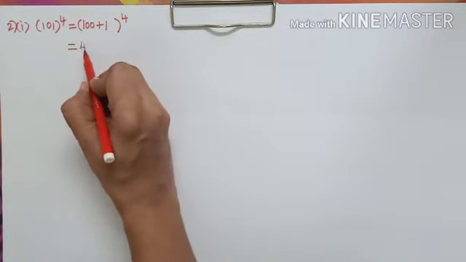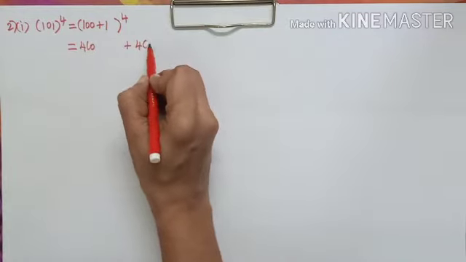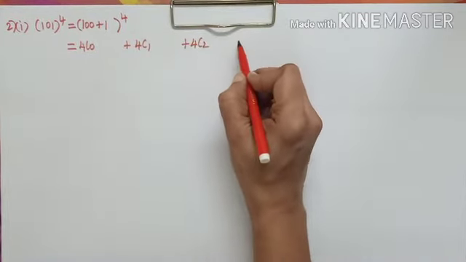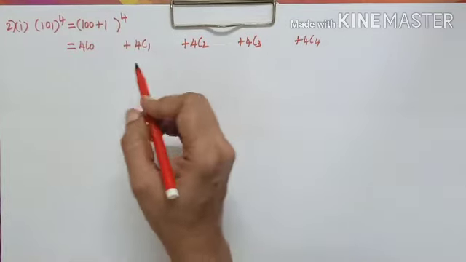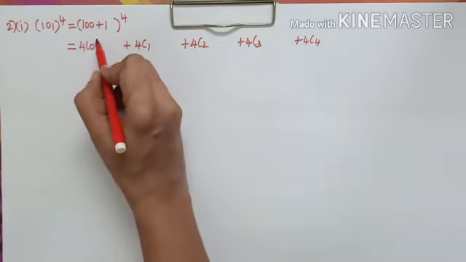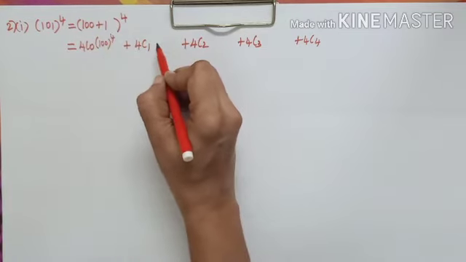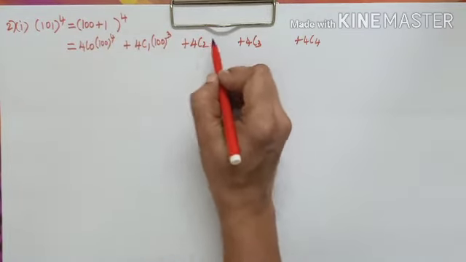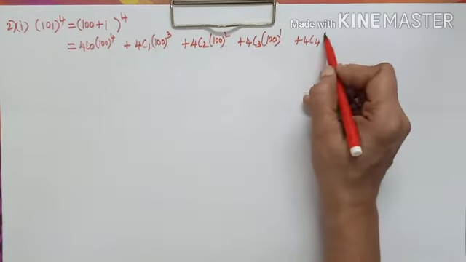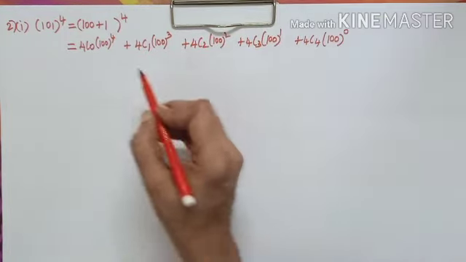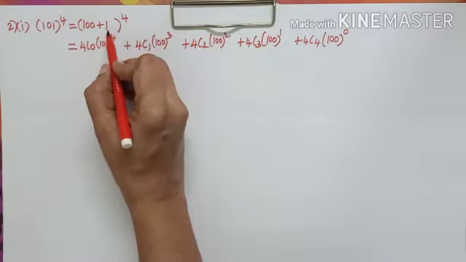Remember the expansion? 4C0, 4C1, 4C2, 4C3, 4C4. When it comes to the first term 100, power 4, 100 power 3, 100 power 2, 100 power 1, 100 power 0.